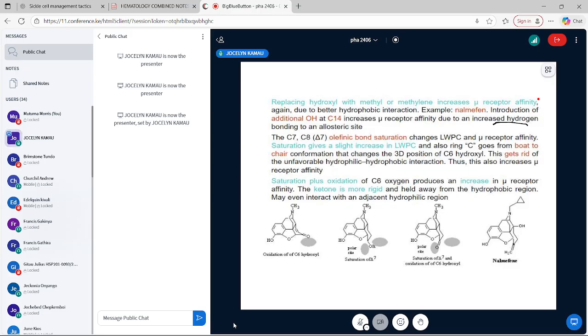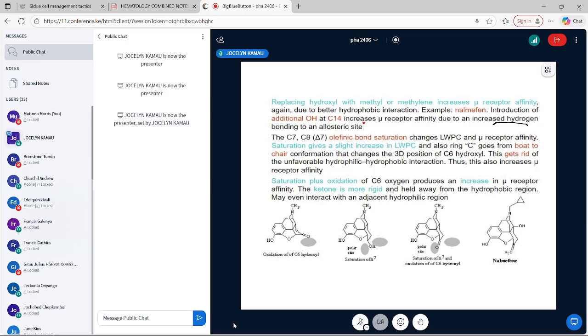That when you put a beta hydroxyl group, remember, at position number 14, these compounds increase in their binding to an allosteric site within the mu receptor or the opioid receptor, because hydroxyl groups can bind with other areas through hydrogen bonds. You know that oxygen bound to a hydrogen can bind with another center and so on.